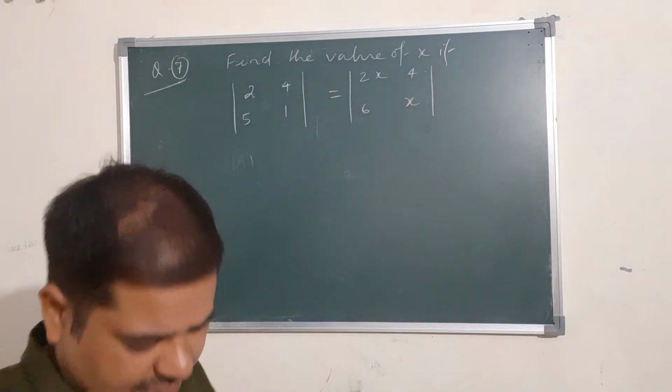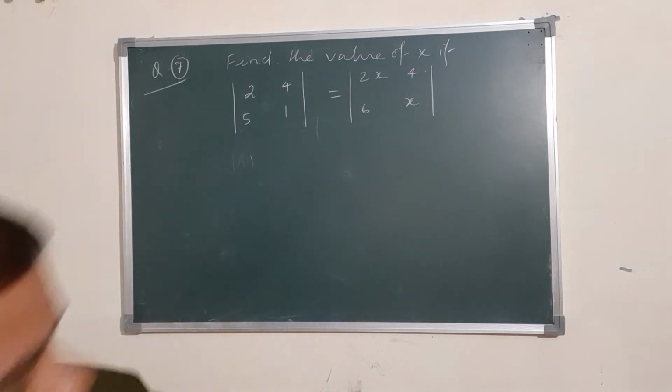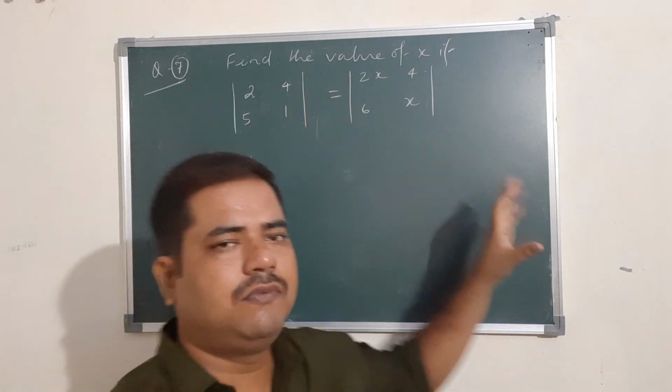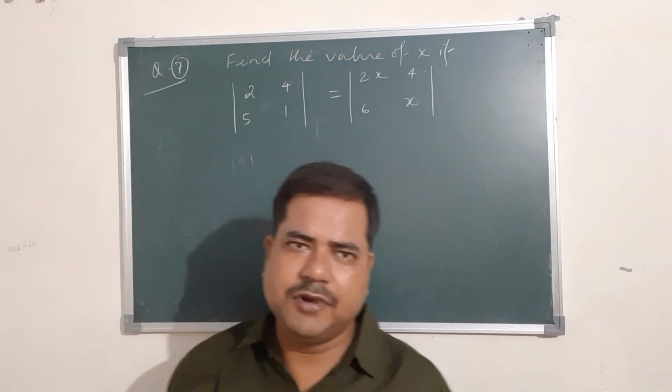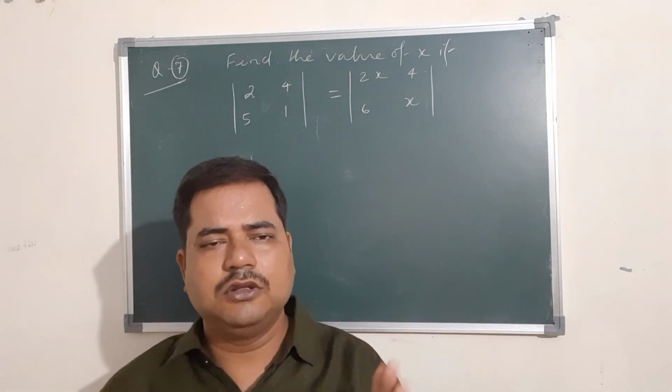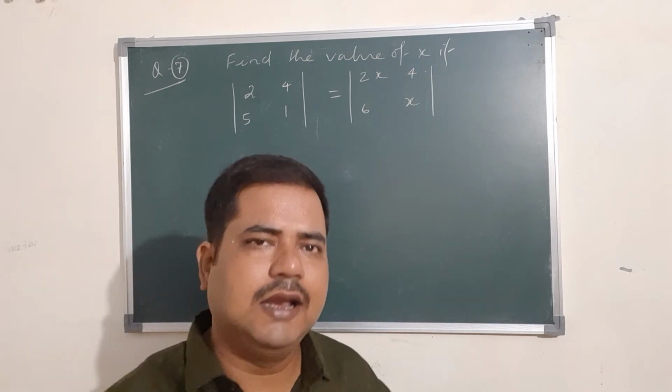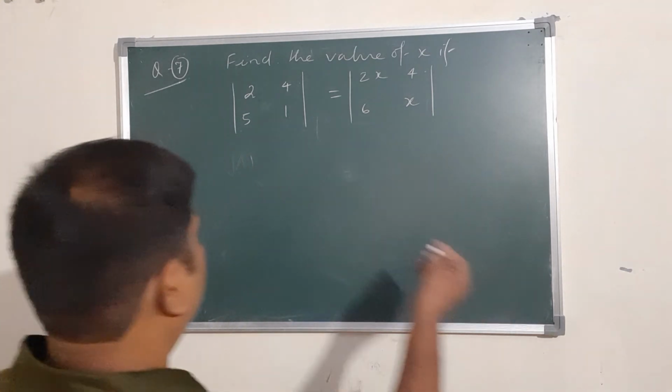So in the matrix, if there are two equal matrices, then only you have to compare the corresponding elements and you will get the value. But in this determinant, you will not follow the rule of matrix. You just expand it and then solve and you will get the value of x.